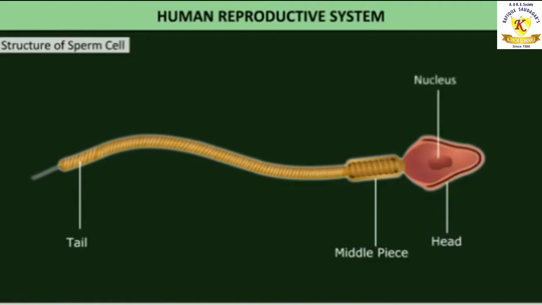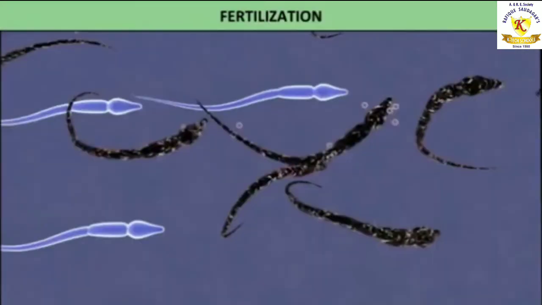The middle section is made up of a substance that makes usable energy to propel the tail, and the long tail acts like a whip to move the sperm. So this is the structure of a sperm cell.